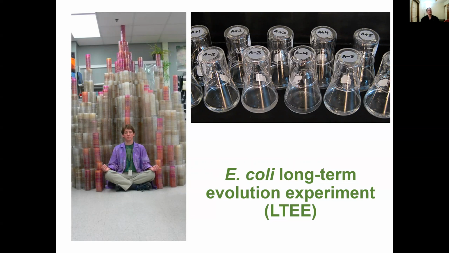So they essentially had 12 populations of bacteria that were genetically identical, and they've continued to grow those 12 populations, obviously in isolation from each other, to look for changes in their genetics, changes in how these organisms evolve. And just a few freaky numbers here.